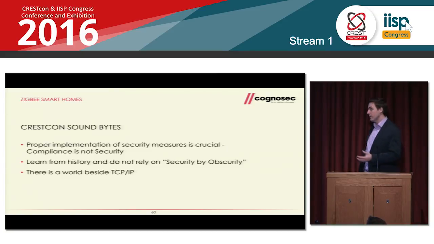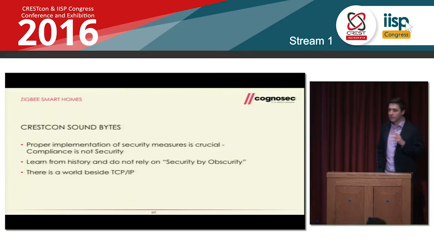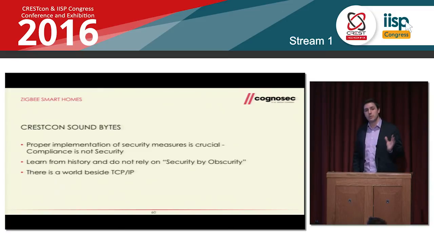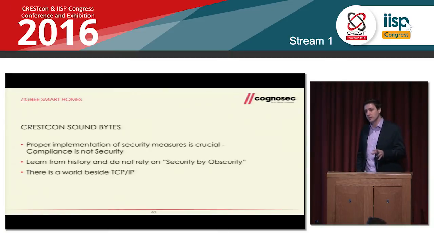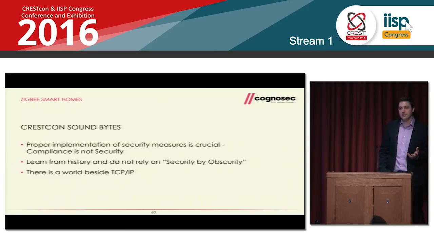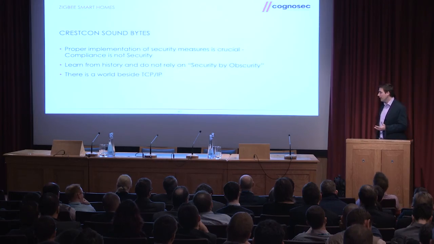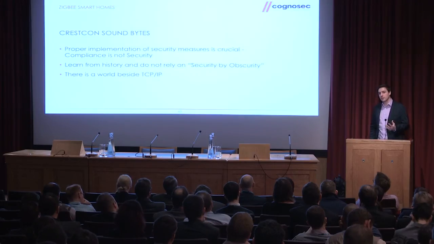And what is also very interesting for the IoT stuff is there is a world beside TCP/IP. There are a lot of proprietary wireless standards out there. They have no security measures applied. It's just a question of, as soon as somebody gets interested in it, it will be broken. And the devices got cheaper and cheaper, like the software-defined radio boards.